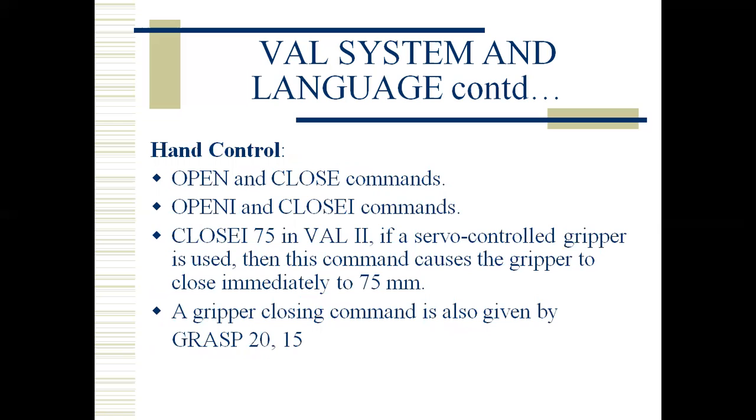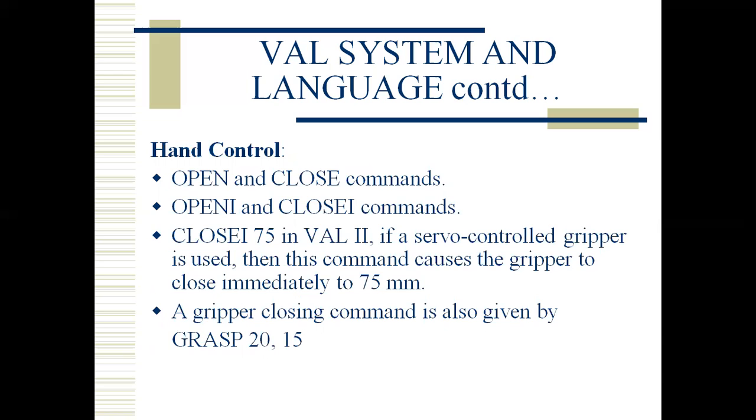Next one, hand control commands. That is nothing but pressing of the switches or else manually opening the door or the work part which is already fixed in the chuck. If you open that manually, the work part will come out after completion of the process.